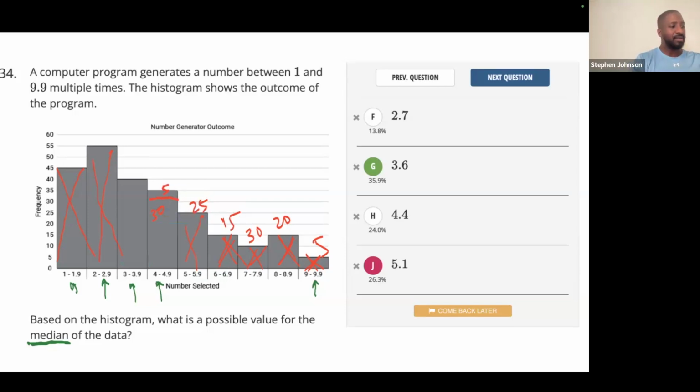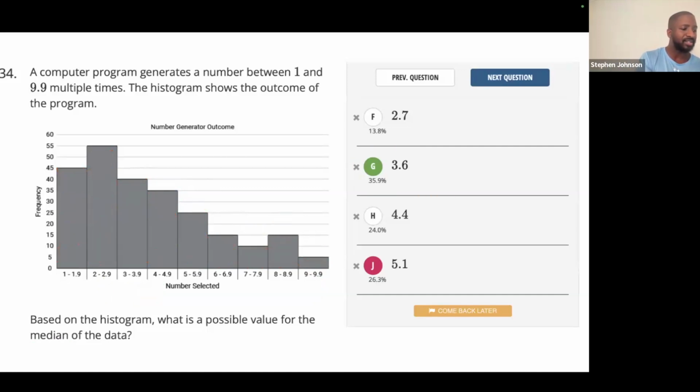So hopefully that makes sense. Now I've canceled out all of these two with all of these plus 30 of those 35 inside of that bar, which means that when I count out 5 from here with these 5, the only data points left, and I'll use a different color, the only data points left will be in this region here that is all data points between 3 and 3.9, which means the middle number, my median, must be between 3 and 3.9, which is why choice G is the correct answer there.